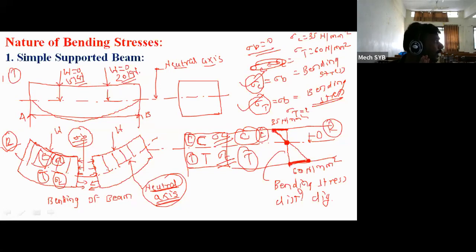Understood? Can you imagine how the compressive stress comes on top? Compressive on the upper side and tension on the lower side. Everyone? Those attending online, can you imagine that above the neutral axis the beam is under compression and below the neutral axis the beam is under tension? Yes?